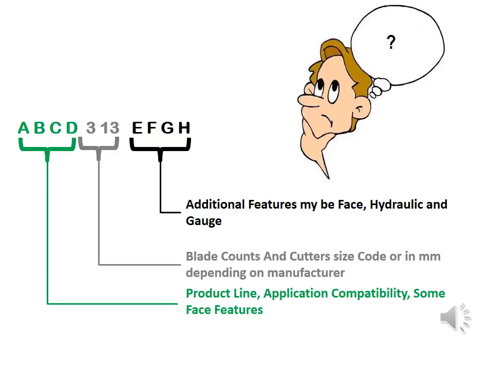The first section is some letters identifying the product line, application capability and some face features, followed by the second part, which consists of some numbers related to the blade count and the cutter size, followed by another part consisting of letters which represent the additional features, which may be face features, hydraulic related features or gauge features.